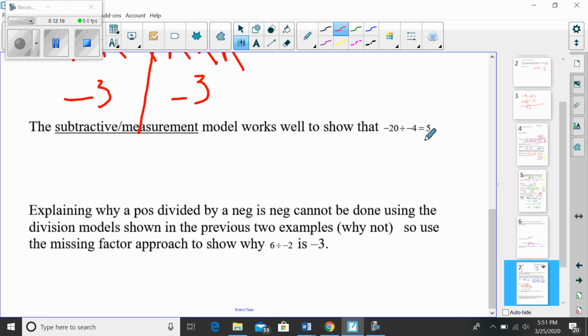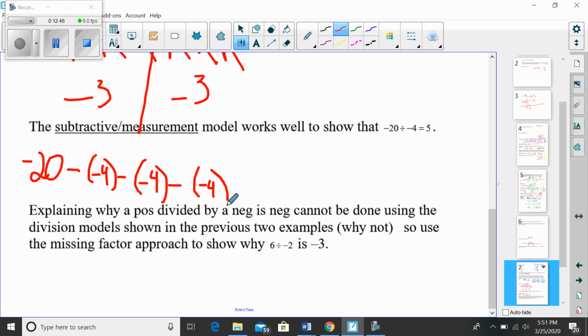Now, if I want to show this division problem using the measurement subtractive model. So remember what that means. That means continue to measure off the divisor until we get to 0. Well, look at what happens if I keep measuring off negative 4. I'm saying how many negative 4s can I take out of negative 20?